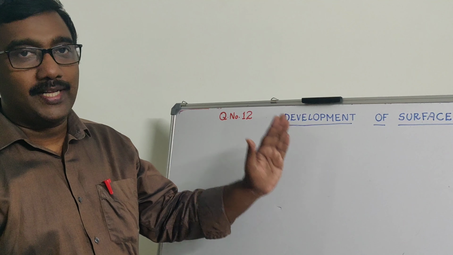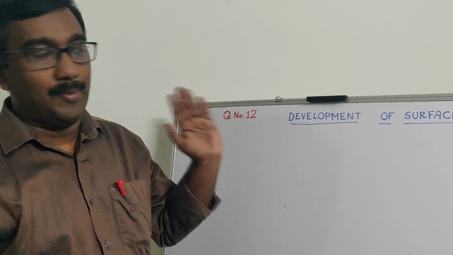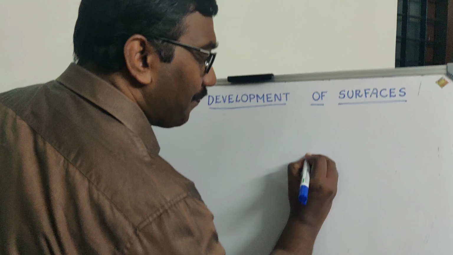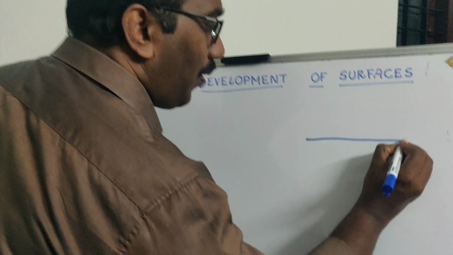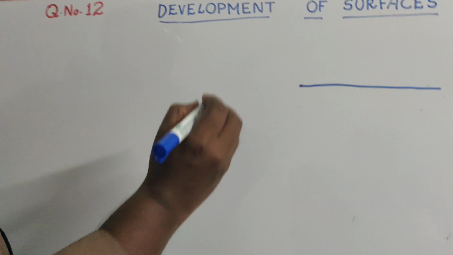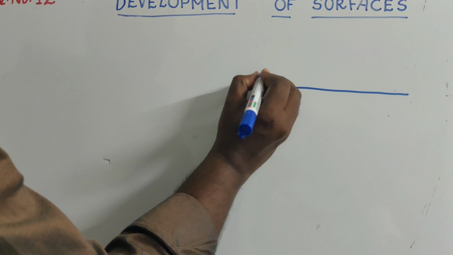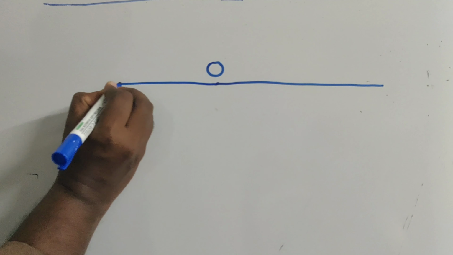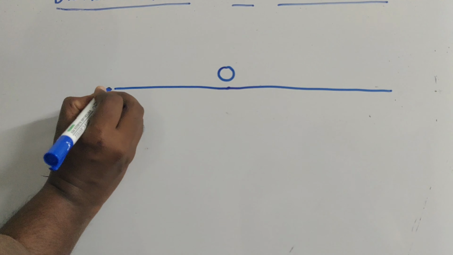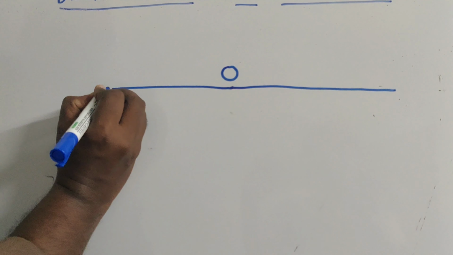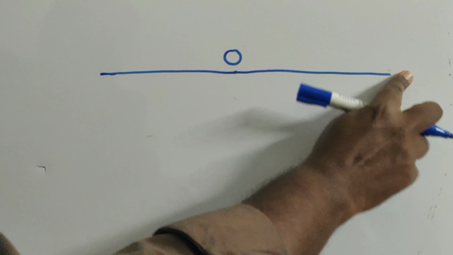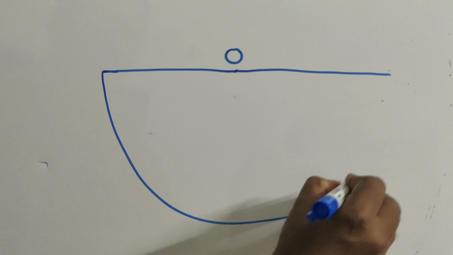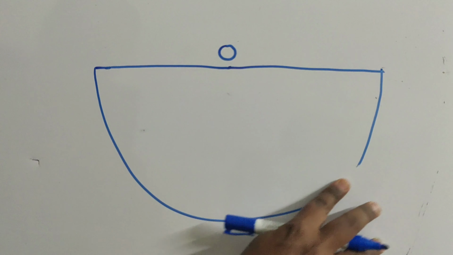So I am going to start with the development of the cone as a semicircle. The radius of the semicircle is given as 70. So let this be O and this be 70 mm. If this is the point O, then you can have the same radius in the opposite direction also, since it is a semicircle. Now you can have the curved portion of the semicircle.